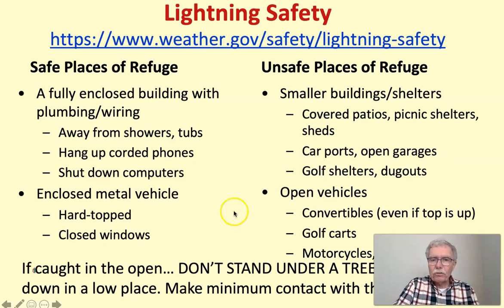So you see a list of safe places and a list of unsafe places to stand. I think one of the more surprising things is that if you're at a picnic, don't think that standing under a picnic shelter is going to give you any protection. You need to get inside a hard-topped car, not a convertible, not a ragtop, a hard-topped car, windows up, closed.